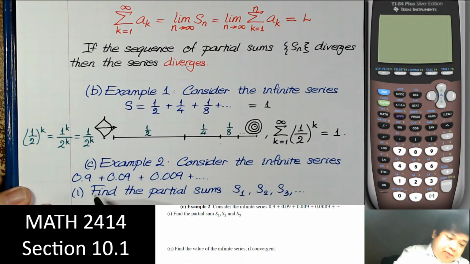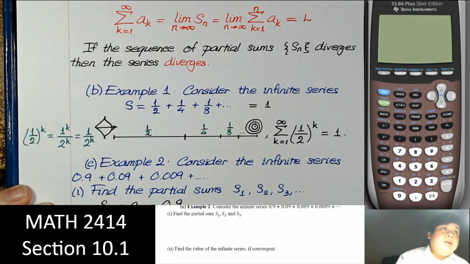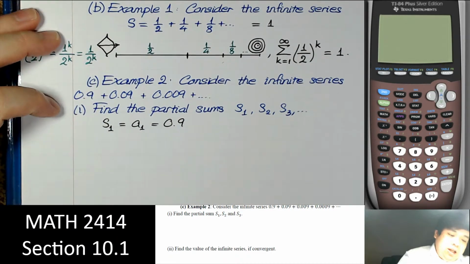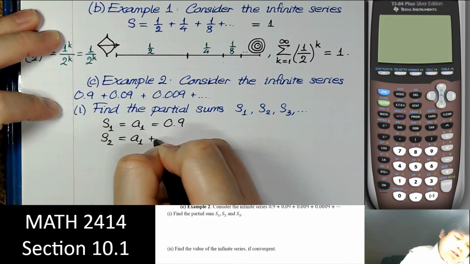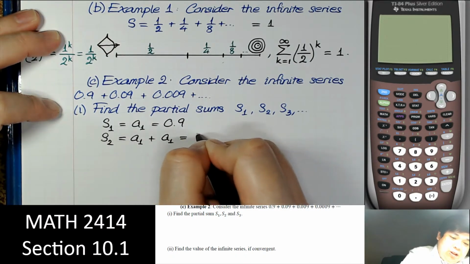The partial sum. The first sum S1 is just the first term, just 0.9. S2, the sum of the first two terms, A1 plus A2.